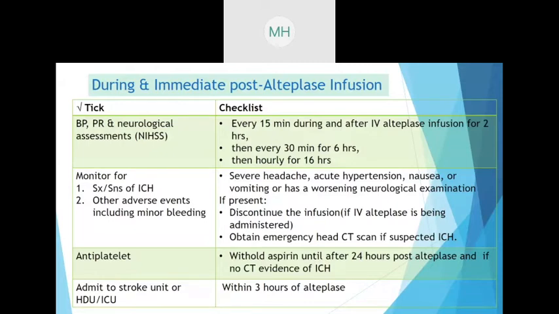We need to monitor signs and symptoms of intracranial hemorrhage as well as any adverse events, including minor bleeding. For antiplatelets, we withhold the aspirin until after 24 hours, and if there is no evidence of intracranial hemorrhage on the CT scan, we admit the patient to the stroke unit within 3 hours after the event.